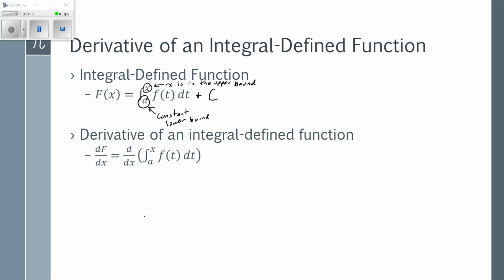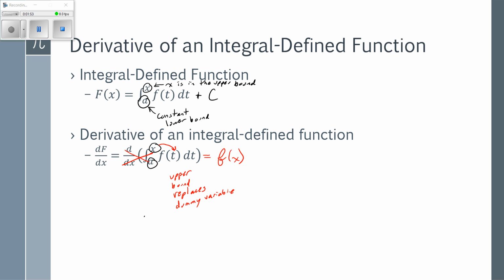So then when I want to take the derivative of that, as long as I have a constant lower bound and x is in the upper bound, the derivative will cancel the integral, and I take my upper bound to replace the dummy variable, leaving me with f of x, and the dt is considered part of the integral, so it's gone.